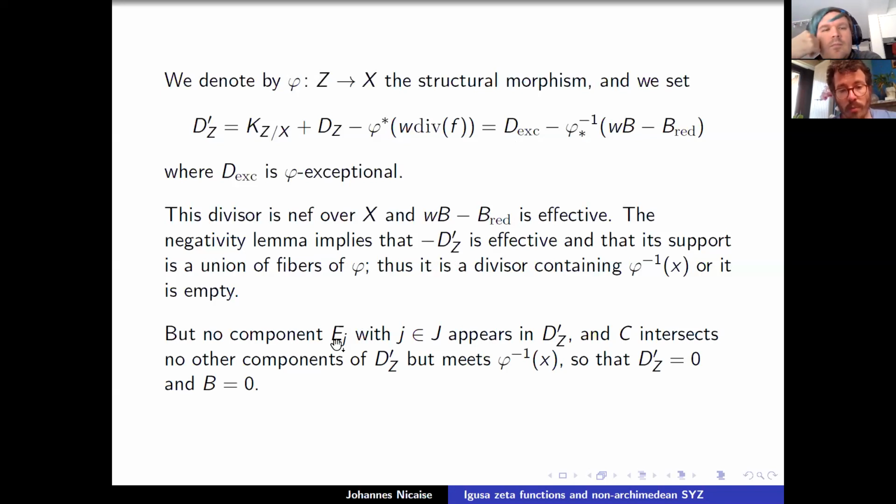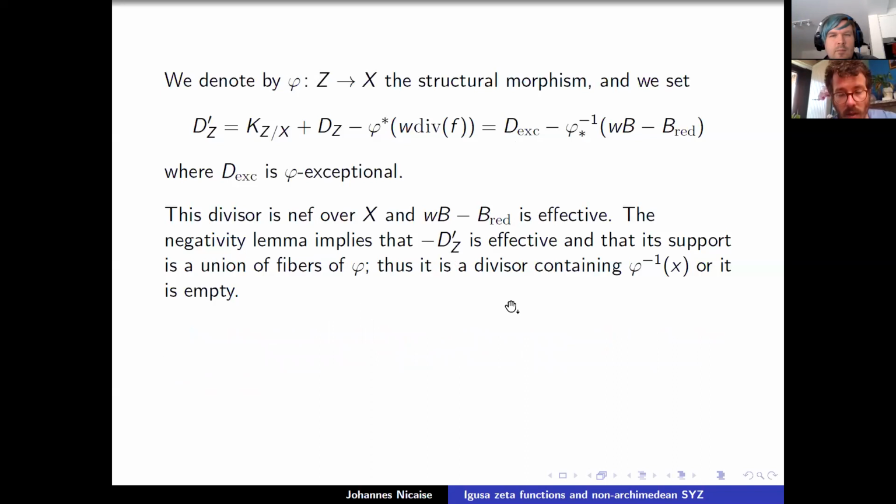But no component EJ with J in capital J can appear in dz prime because, well, sorry, I didn't get the last consequence before. Then you apply the negativity lemma, and how do you deduce that it is a divisor containing the preimage of x or empty? So all possibly reducible components that can appear in dz prime are components of the total transform of the divisor of f.